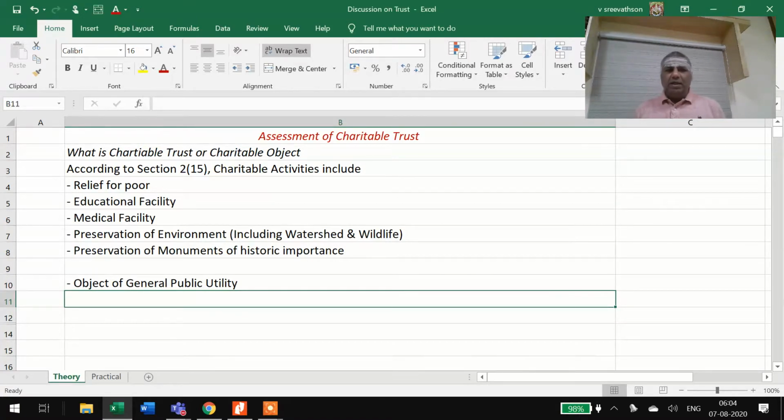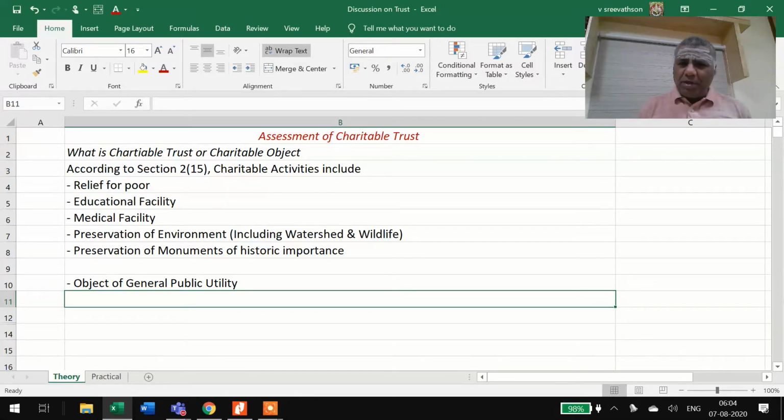What is charitable activity, or what is charitable trust or charitable object? Relief for the poor, educational facility, medical facility, preservation of environment, forest, water bodies, wildlife, everything covered there.